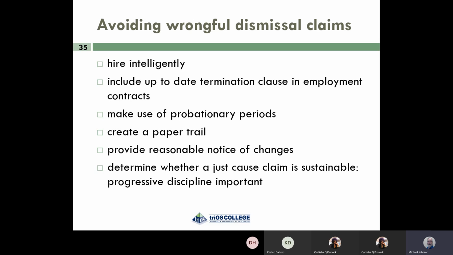And also making sure that you really do know if just cause is, let's say, viable. So determining whether a just cause claim is sustainable, I should say, progressive discipline has been used in one particular way or another, or just simply you are going to have some legal issues at some point.